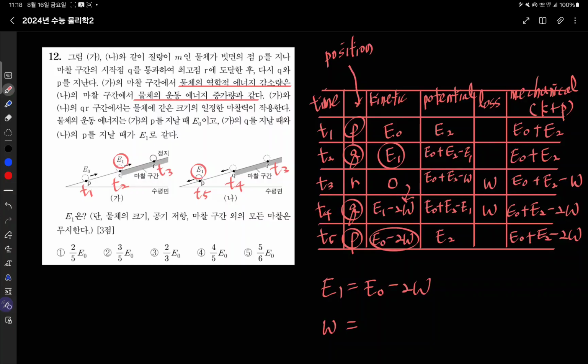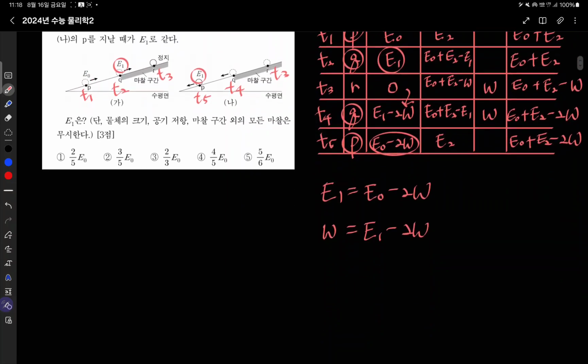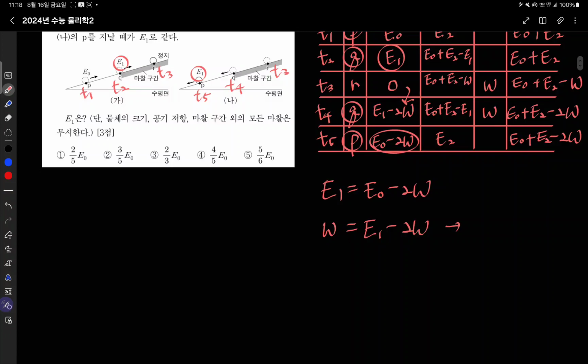So W is equal to E1 minus 2 times W. This means E1 is equal to 3 times W, and then E0 is equal to 5 times W. So if we change W to E0 over 5, E1 is equal to 3 times E0 divided by 5. So the answer is the second choice.